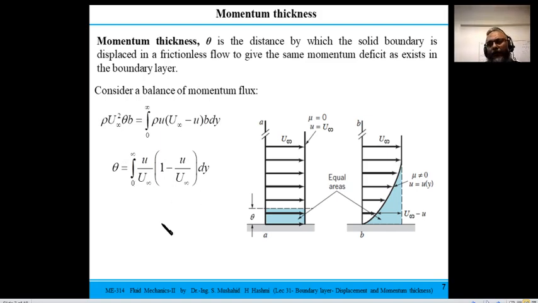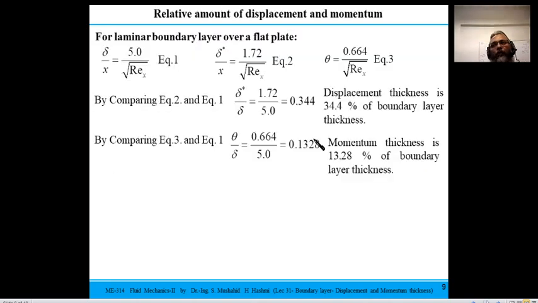We can write this exactly, but instead of the free stream condition, we say approximately this momentum thickness would be equal to an integral whose limits would be the boundary layer thickness. So eventually the momentum thickness would come out in terms of the boundary layer thickness, smaller than this.